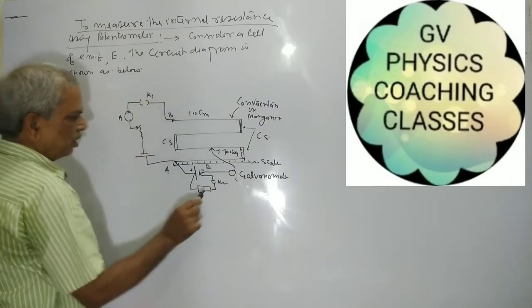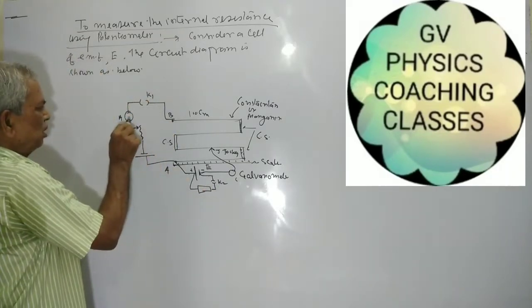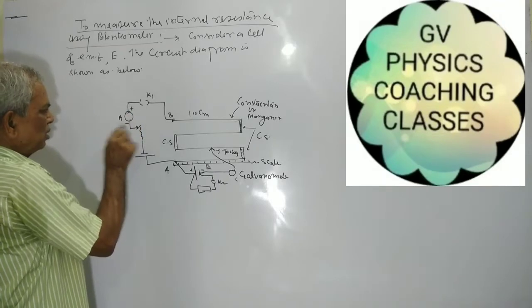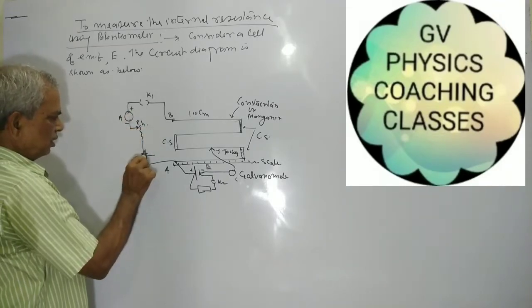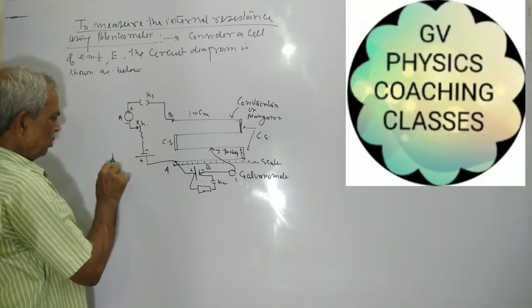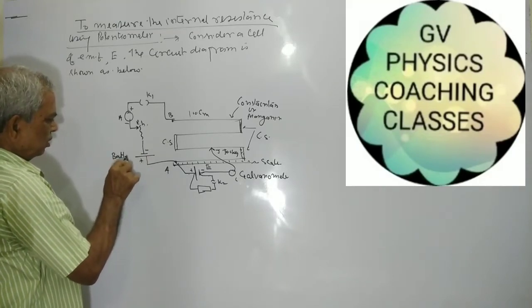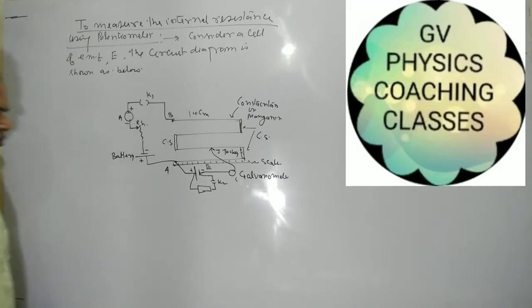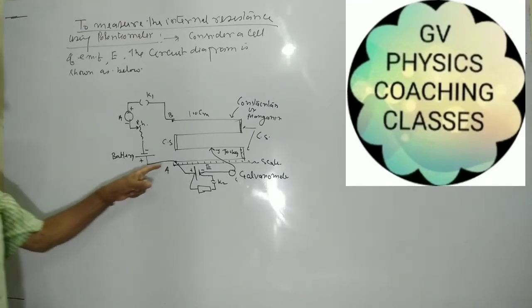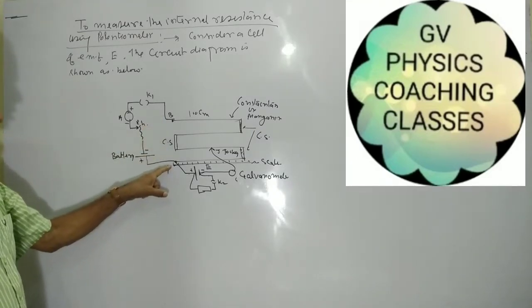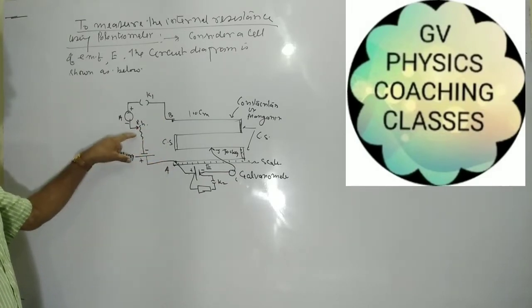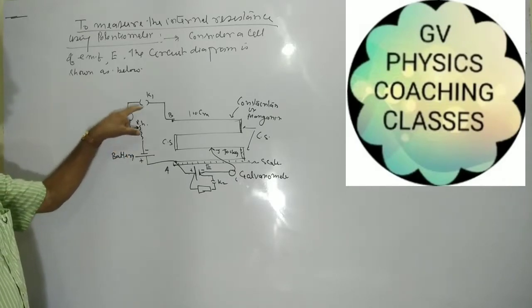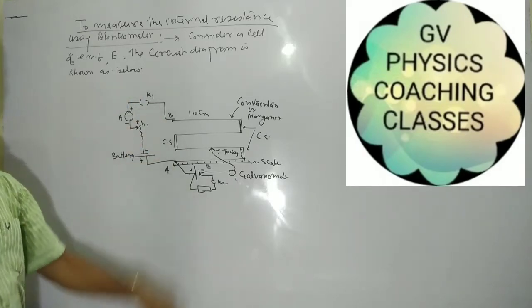This is P1, this is P2, this is positive terminal, this is negative terminal, this is rheostat RH, this is negative and this is positive, this is battery. The two end points of the wire are connected to a battery, a rheostat, ammeter and key K1, then to point B.